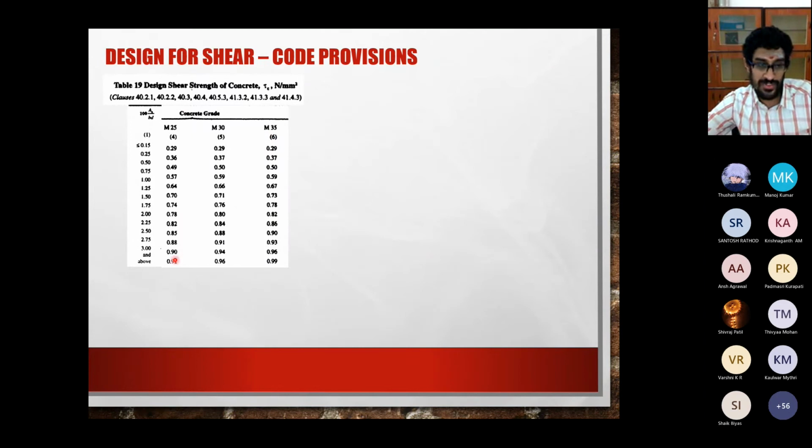But tau c is only, even with 3 percent reinforcement, your tau c value is only 0.99. You can see how small this is. It's a really small value.